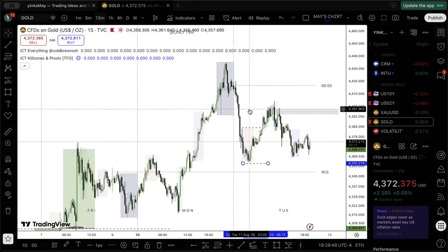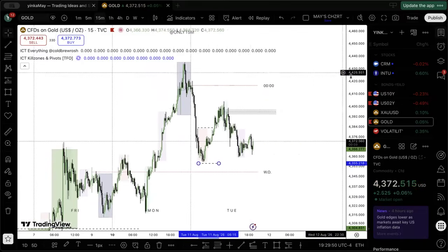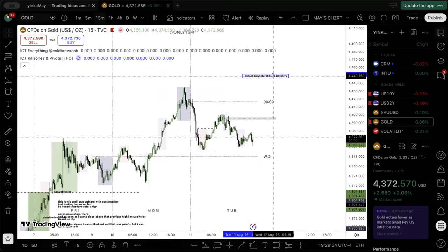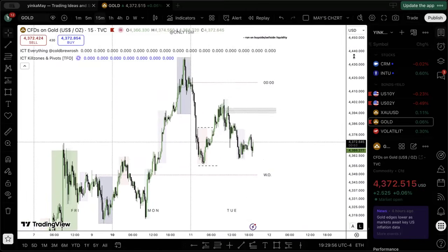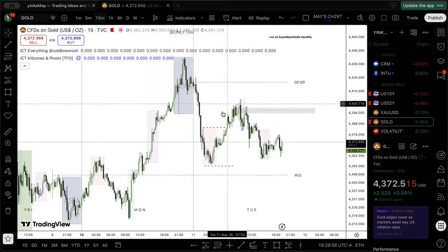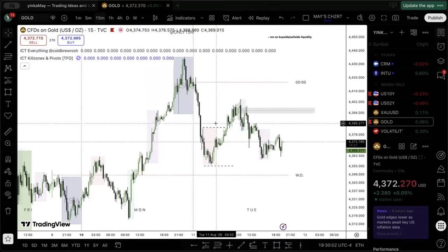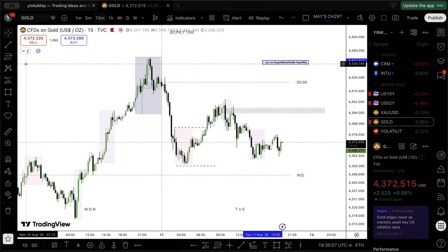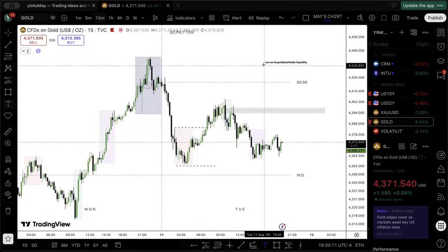So the first thing that we're looking at here is, has price run on buy side or sell side liquidity? In this case, price has run out buy side liquidity, which is London's high. Now, the moment price runs out buy side liquidity, we're going to do the next best thing, which is we're going to wait for a break in market structure. Now, this is my strategy for entering trades.